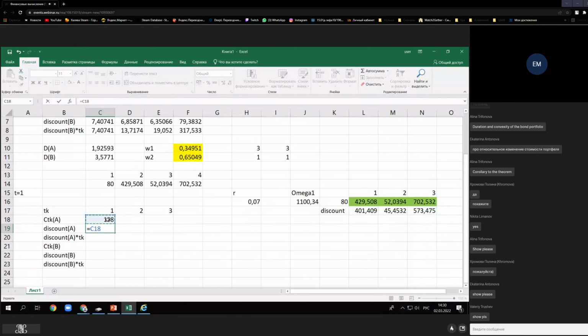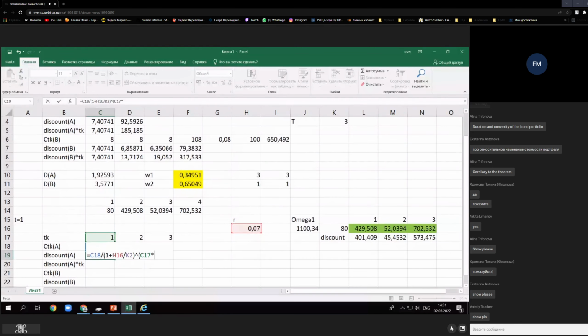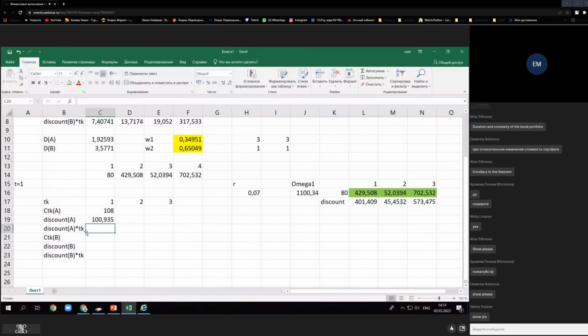The discount is equal to the sum divided by 1 plus the rate divided by m, and the degree is equal to time multiplied by m, which remains the same, of course. Next, we should multiply by the discount factor to tk. Good.